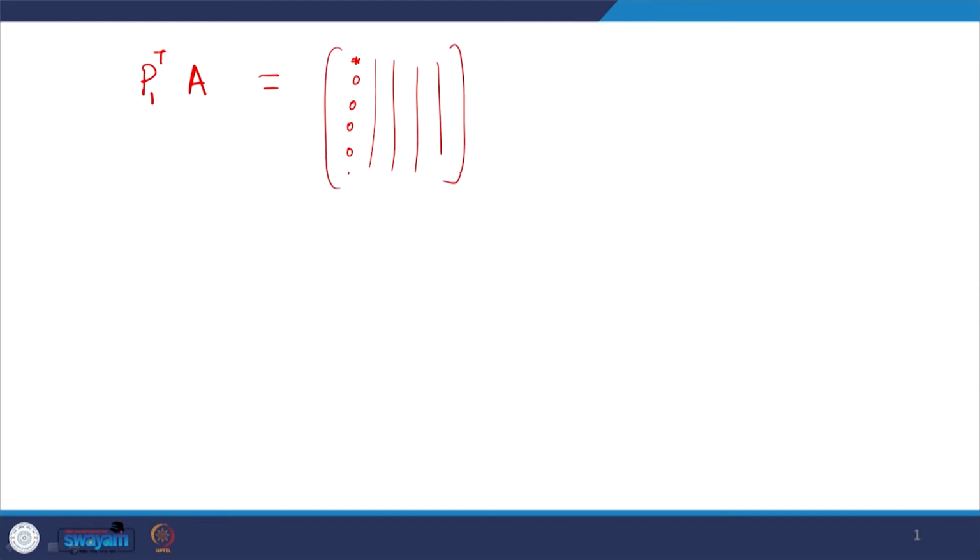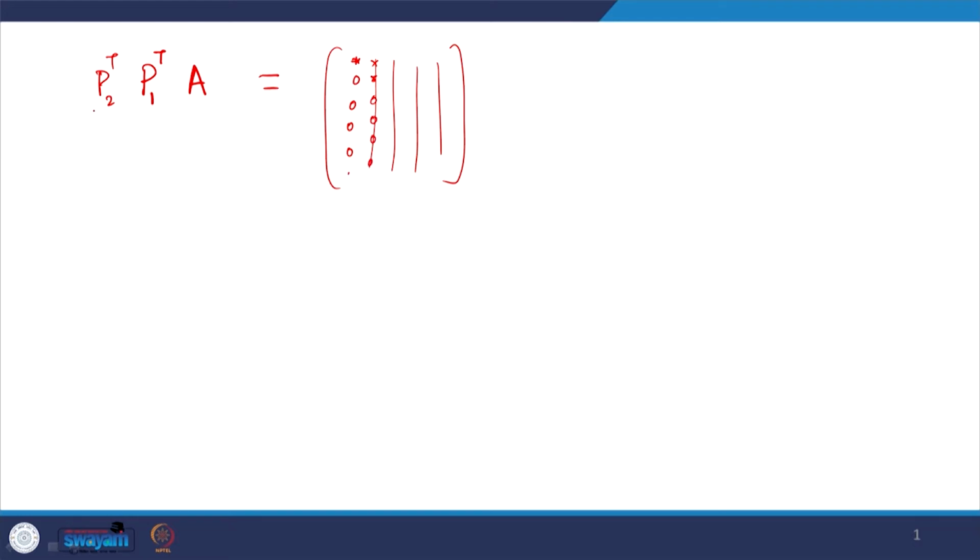So, essentially what is done is, A, if I multiply by this Householder transformation P 1, then I will get this matrix with 0 0 0 0 here, and then of course, there are other rows that are there. So, it can be done like this, and then once I do P 2 transpose, it will target this matrix and there will be elements here, and then there will be zeros all along.